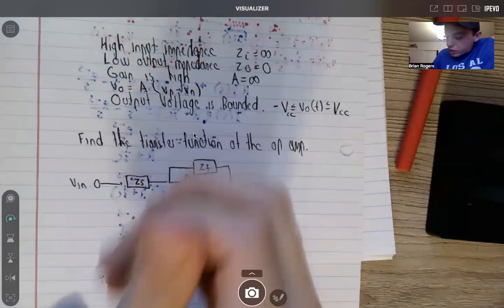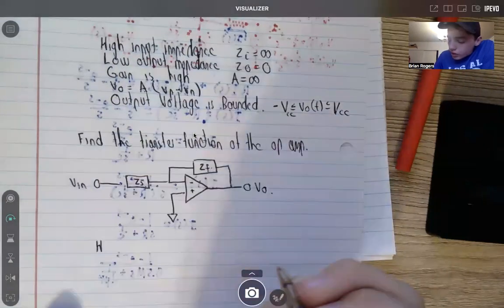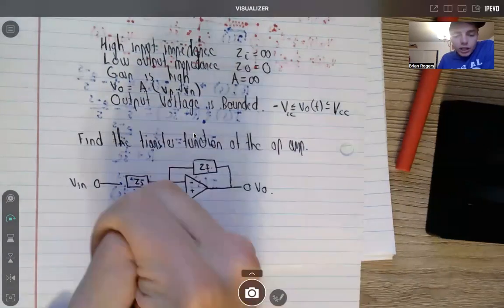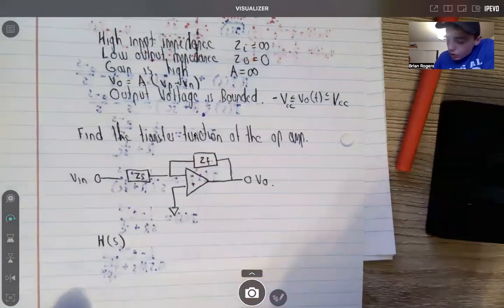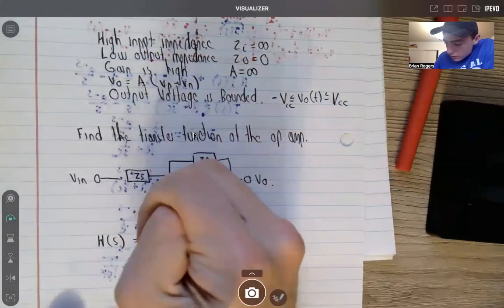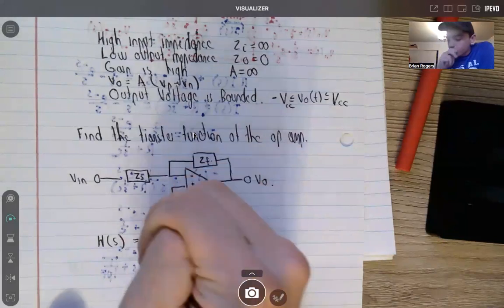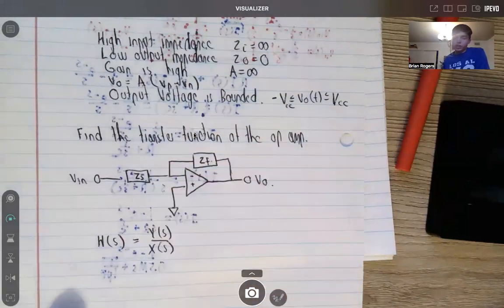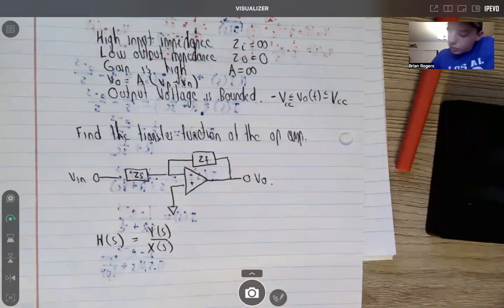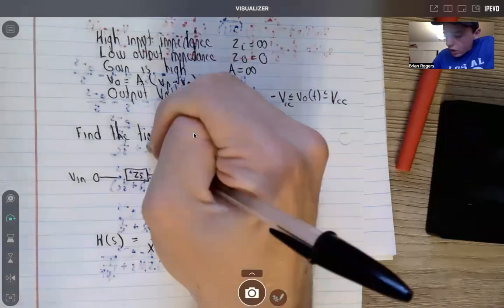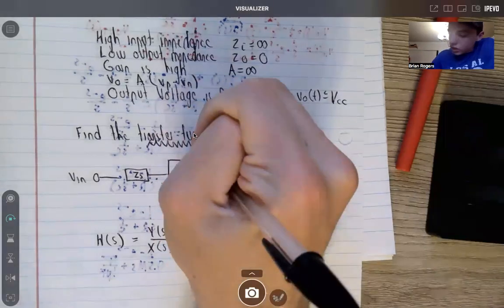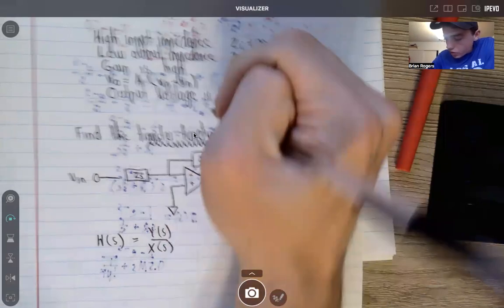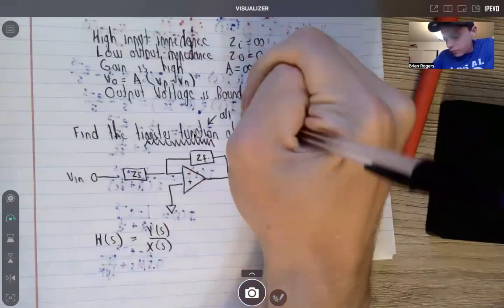But the important thing about the transfer function is that it's the output over the input, and that's when all initial conditions are 0. That's an important thing to remember about transfer functions: all initial conditions are assumed to be 0.